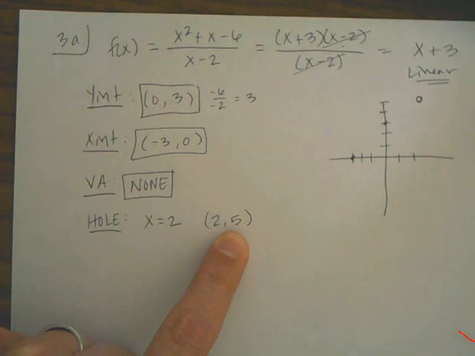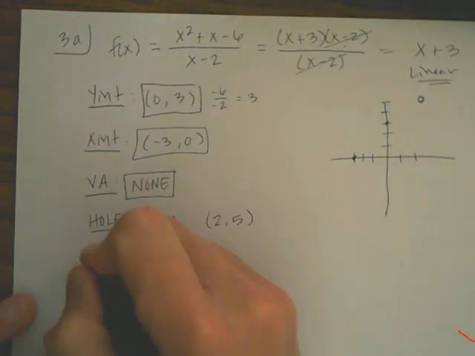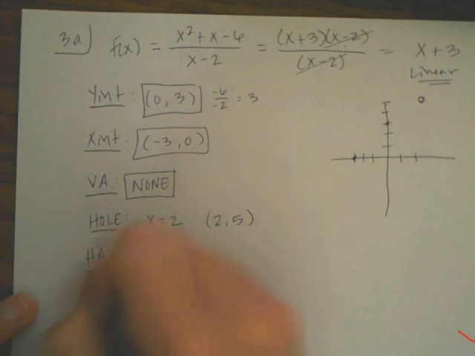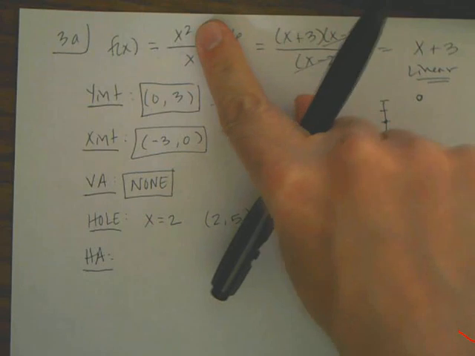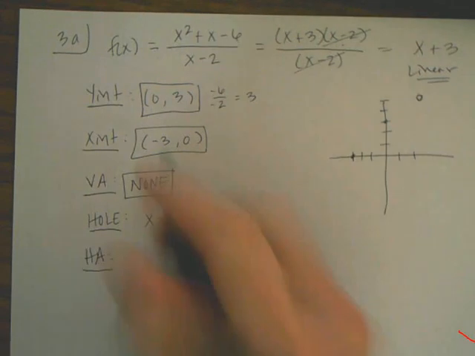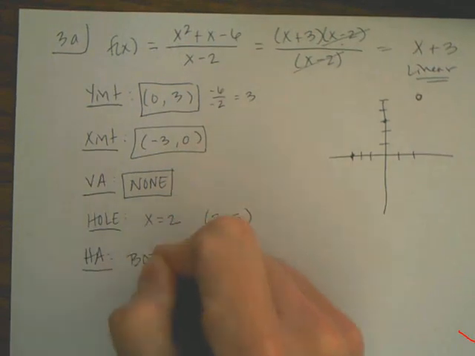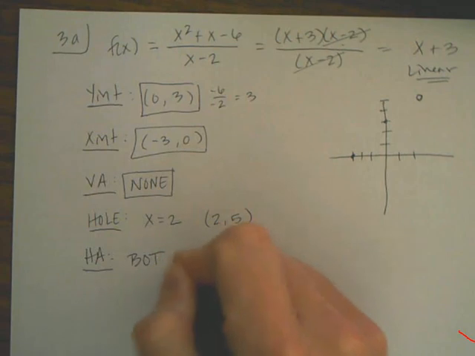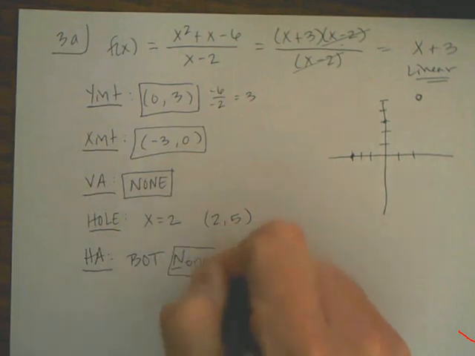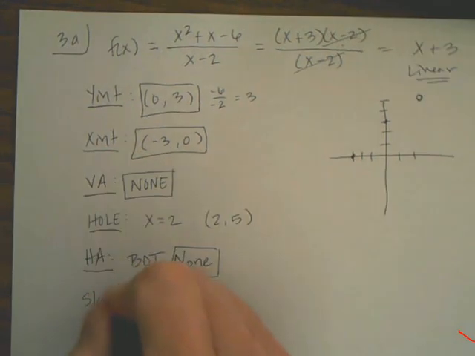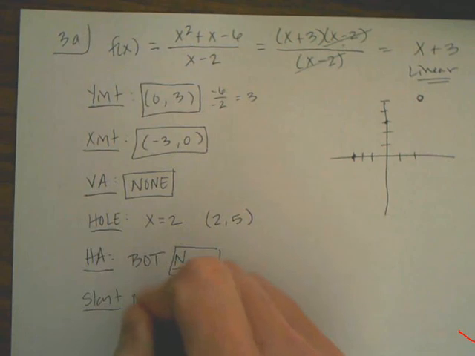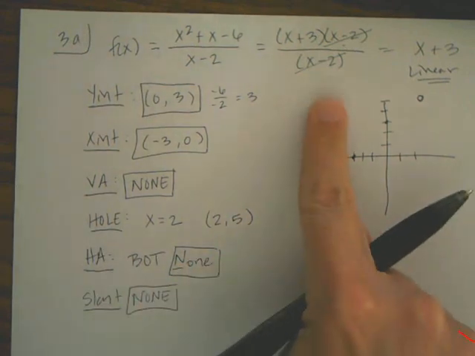Okay? All right. HA, horizontal asymptote. Look at the first exponents. Bigger on top. That n means none. Bottom, the n means none. There is no horizontal asymptote, but there's also no slant because my divisor canceled.